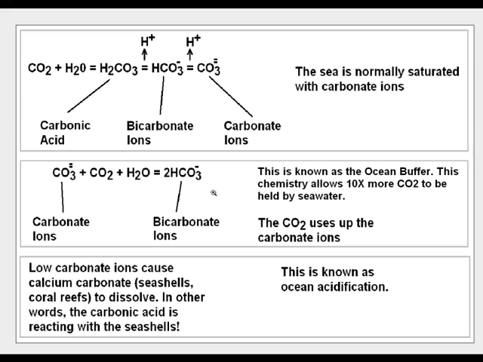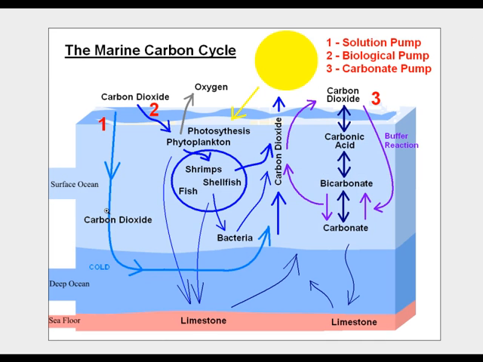And here we can see it with the formula. We're going from the bicarbonate ions towards the carbonate ions, so you can see that carbon dioxide will be created when carbonate ions are created too. Okay, that completes the third marine carbon cycle.